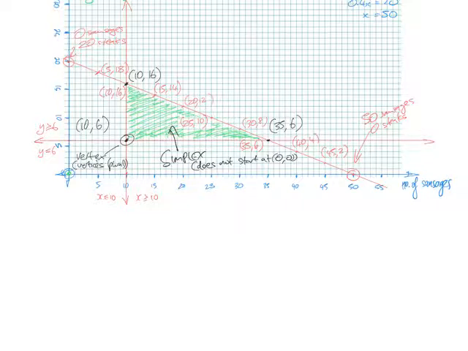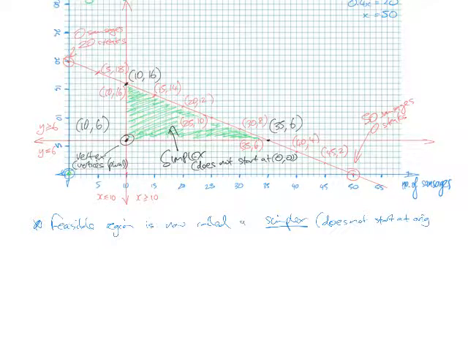So the take home is that the feasible region is now called a simplex. It doesn't start at the origin. And what else is there to take home from this?